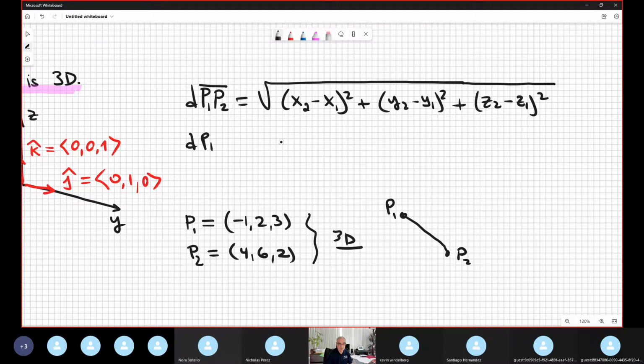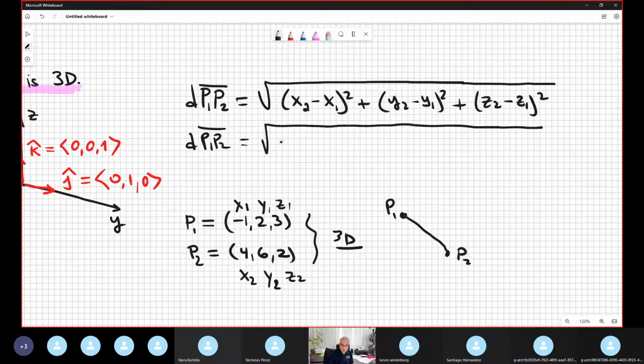Our specific example is: this is x1, y1, z1. It doesn't matter what you call 1 and 2, the answer doesn't change, because the only change is the sign, but when you square, everything converts to positive. This is x2, y2, and z2. Now, it's a big square root. Now you're subtracting.